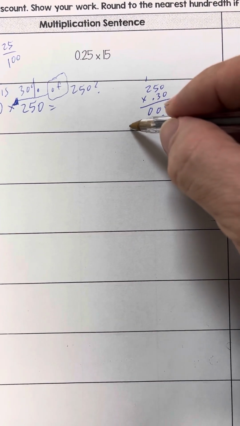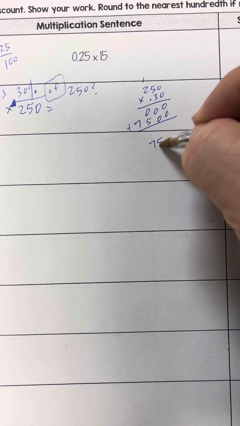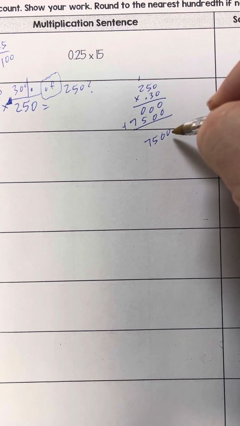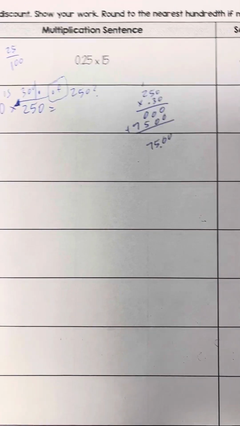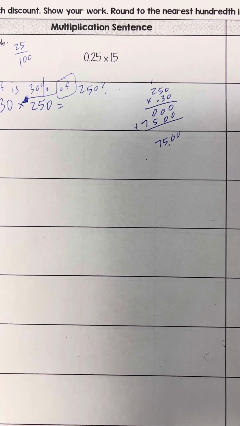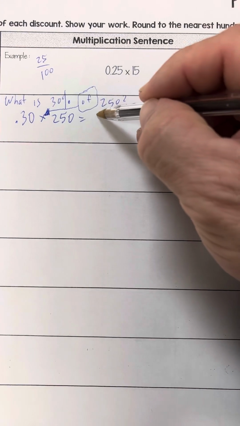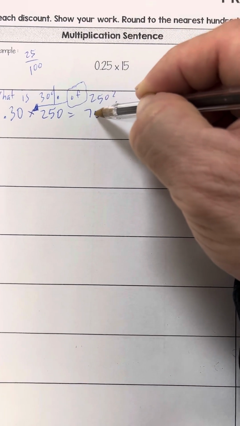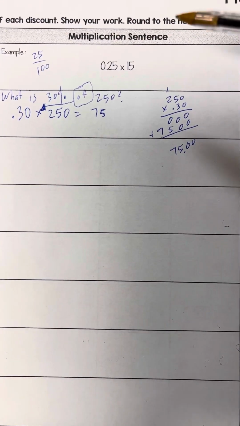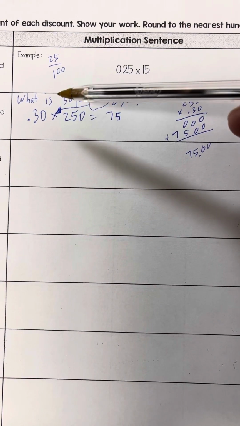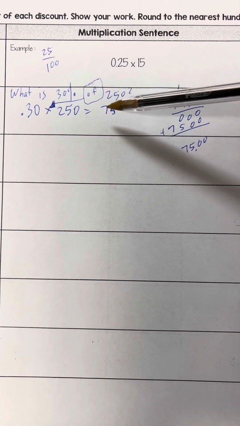Okay, add up down here, move my decimal place 2 over. You can do this with your calculator too, either way. I'm just doing it by hand here. So this is going to give me 75. Okay? So 0.30 times 250 gives me 75.